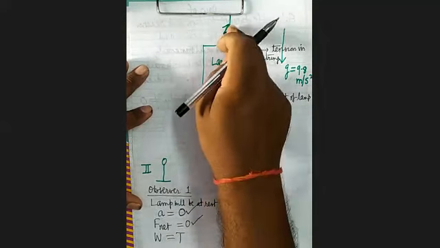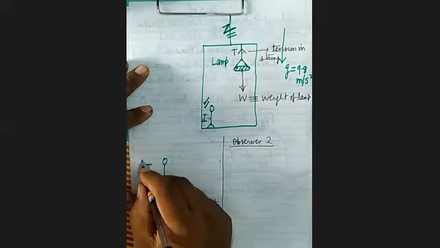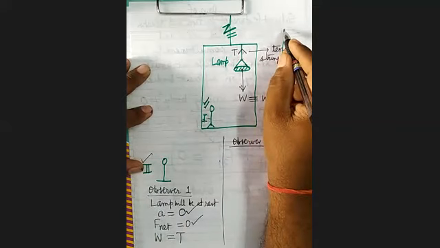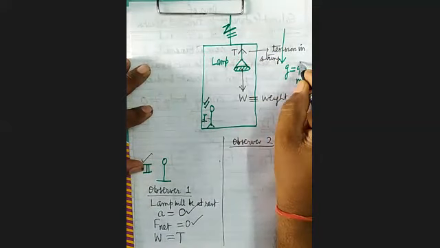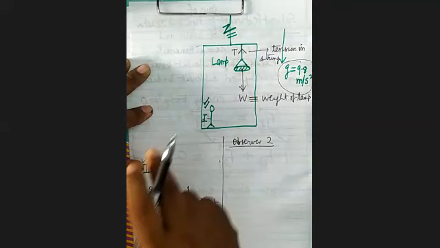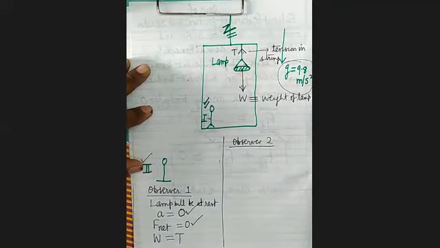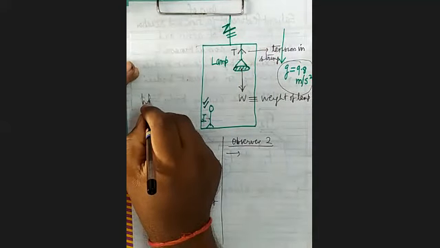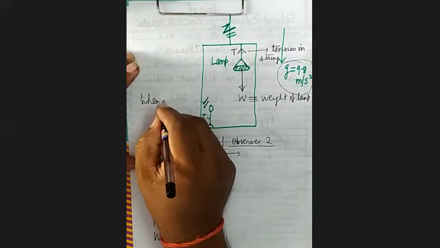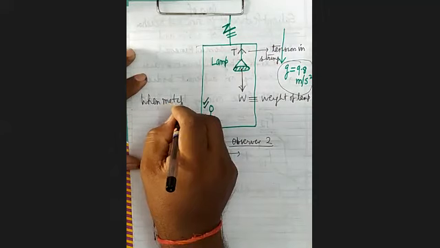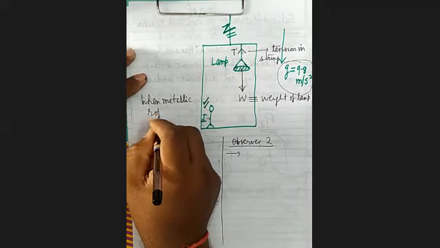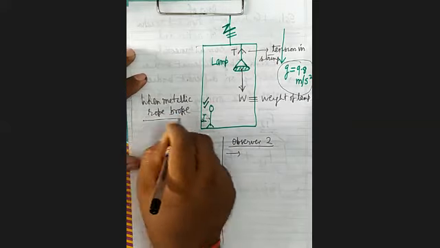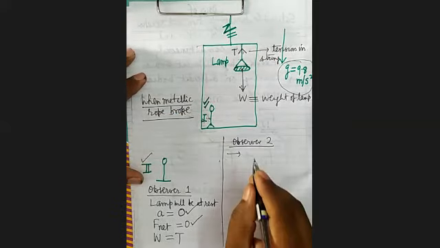Now you see about observer 2. When this metallic rope is broken, what will be noticed by observer 2? He will find that this cabin is falling with acceleration.